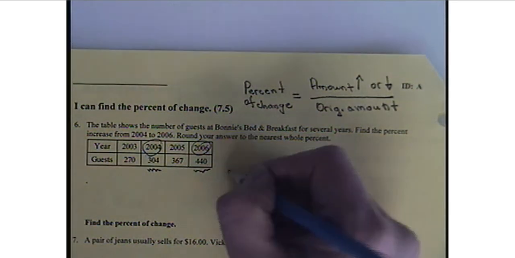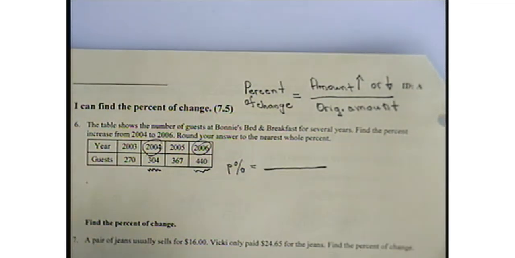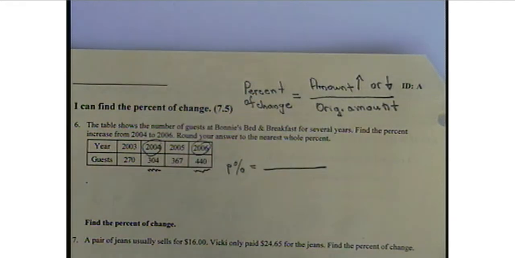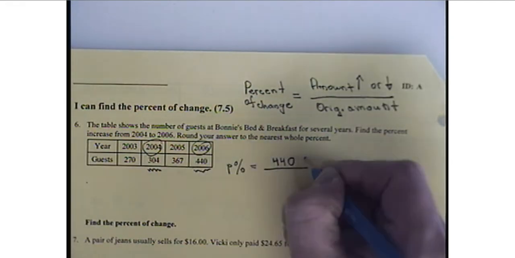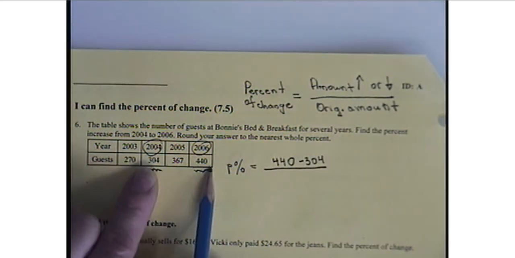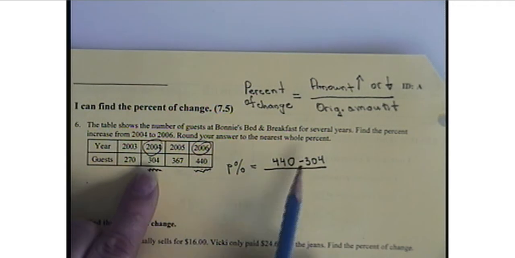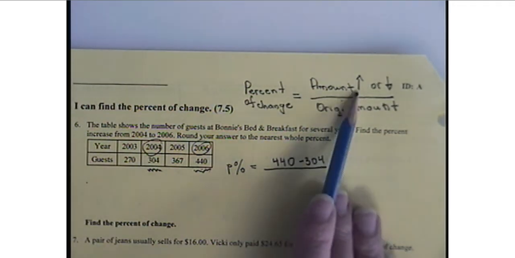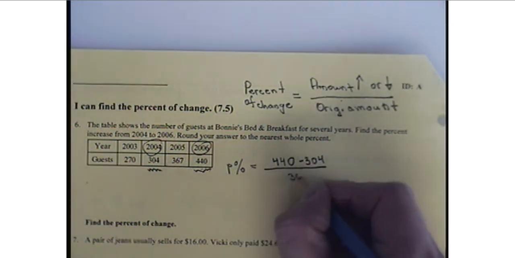Well, the percent of change will be, we want to see how this went, it increased. So the amount of increase we will find by having 440 minus 304. The difference is the increasing amount that we're looking for from the formula, over the original, which was 304.